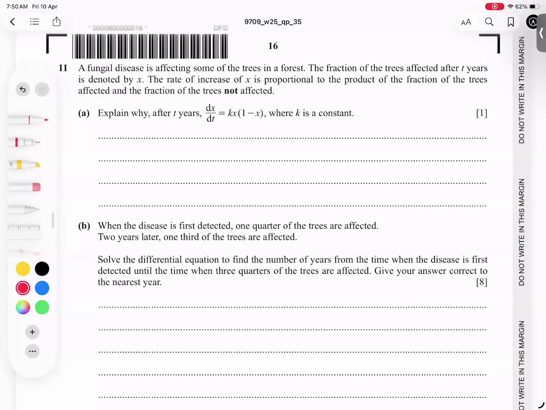Question number 11, students, we have here a fungal disease that has affected some of the trees in a forest. The fraction of the trees affected after T years is denoted by X. So the rate of increase of X is proportional to the product of the fraction of the trees affected and not affected, and explain why we can express this.